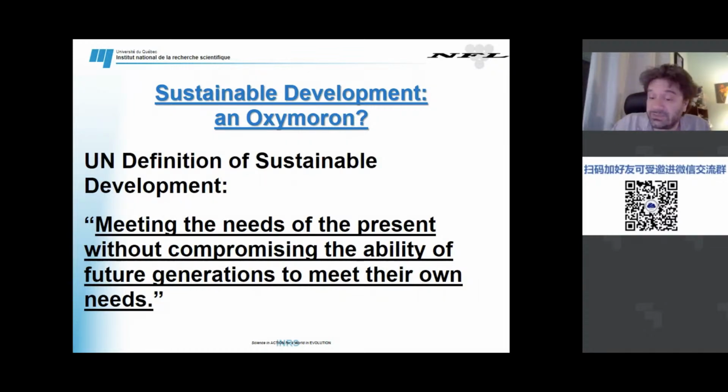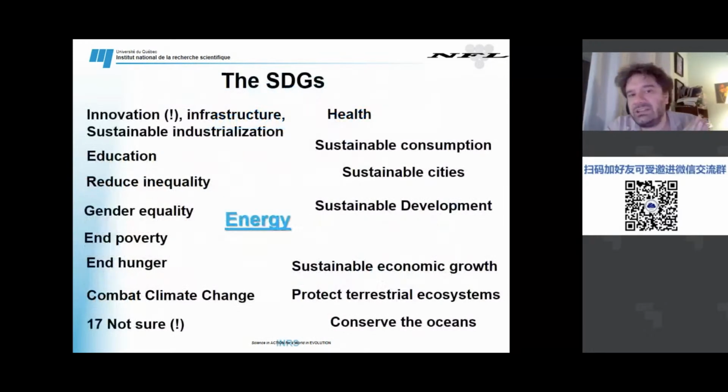Putting sustainable and development together is anything but simple. And of course, if we want to attain sustainable development, well, again, according to the United Nations, we have to address the so-called 17 Sustainable Development Goals. And so they're listed here in this slide.